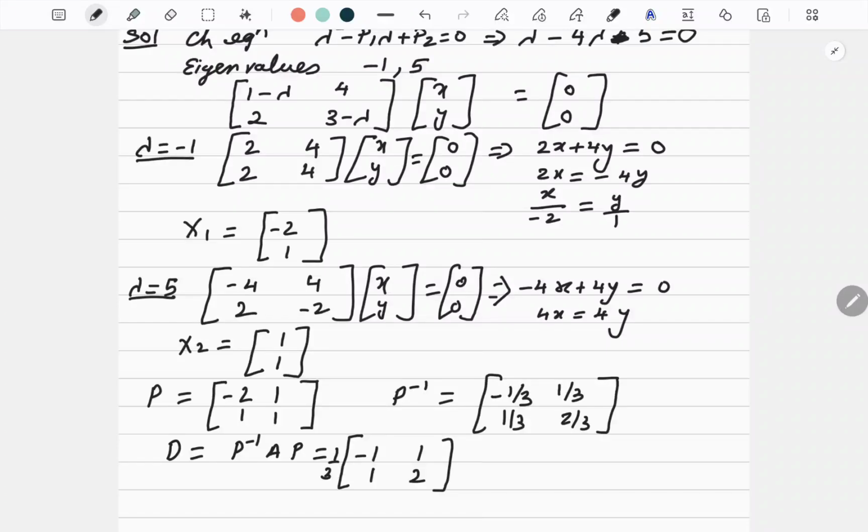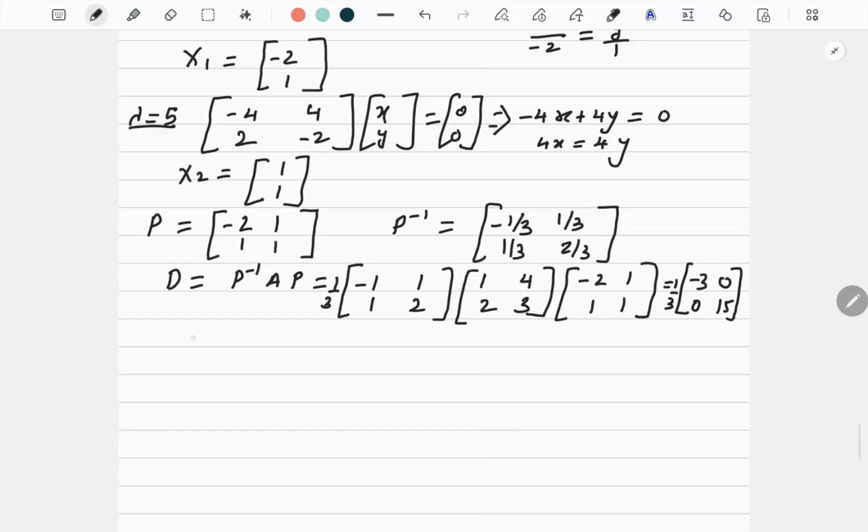This is also a way to write it, a little easier, because you don't have to put the fractions into it, so you will get the answer easily. See, I have multiplied and I have checked. So I got D is equal to 1 by 3 times minus 1, 0, 0, 5. And you can see that my eigenvalues are coming on the diagonal.